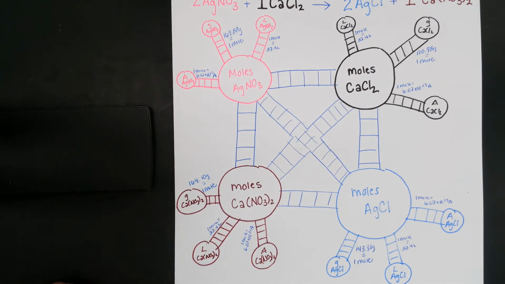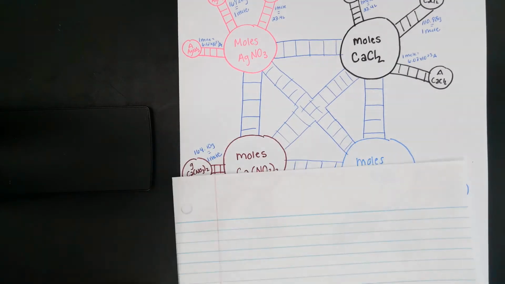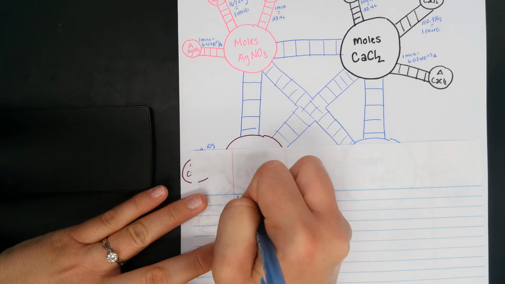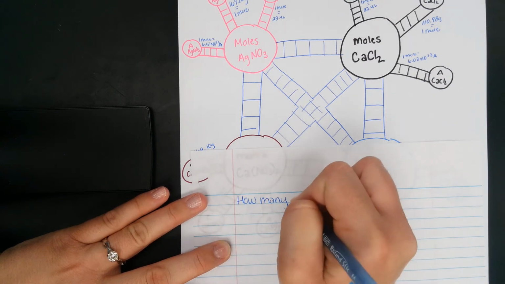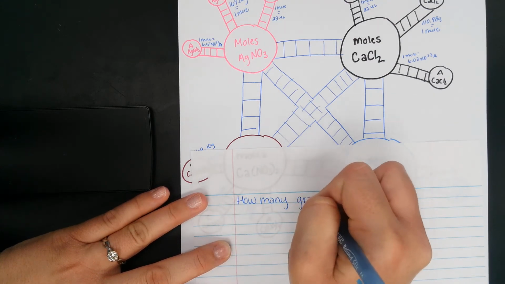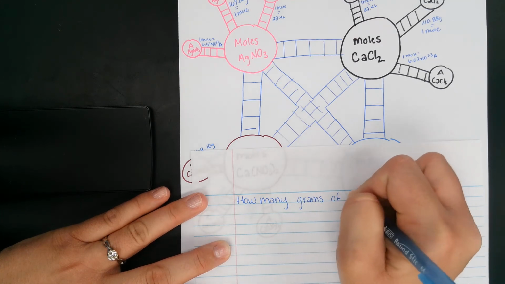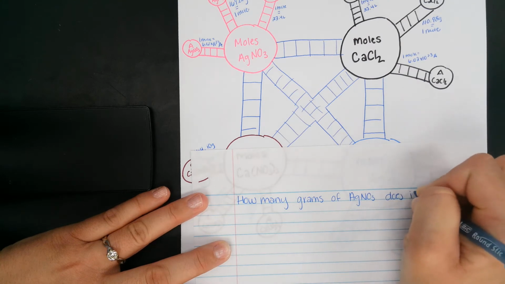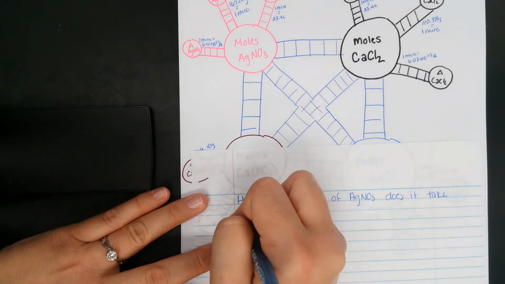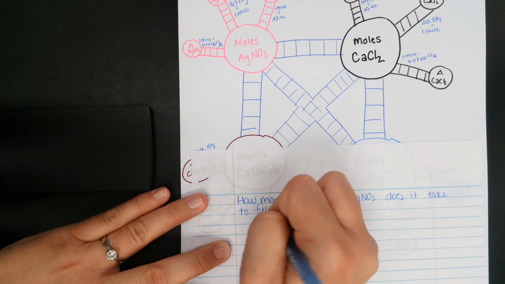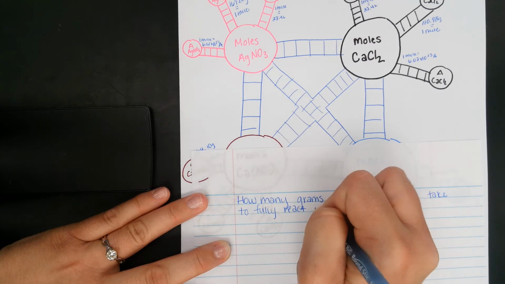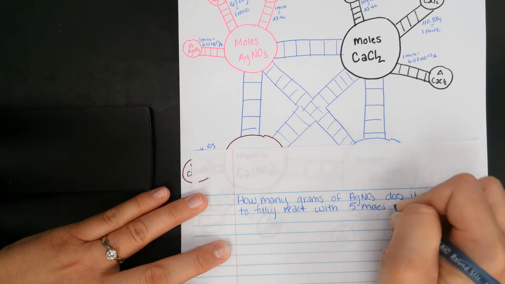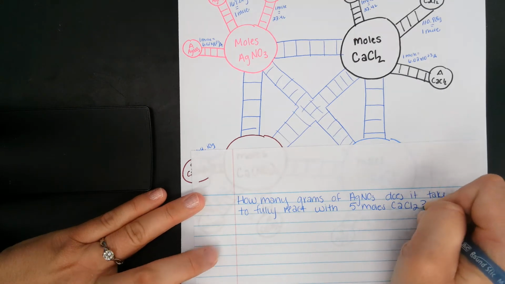So let's talk about moving throughout these islands. Let's say a problem says: how many grams of silver nitrate does it take to fully react with 5 moles of calcium chloride?